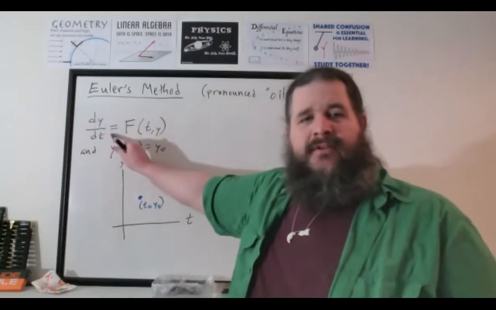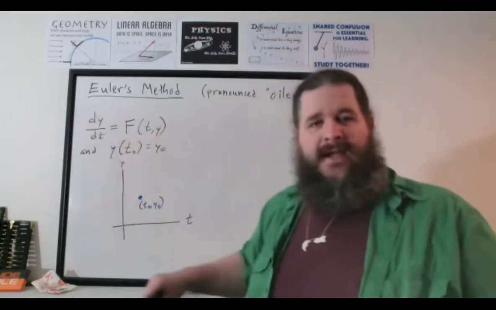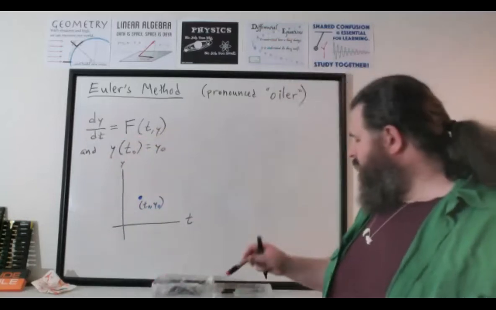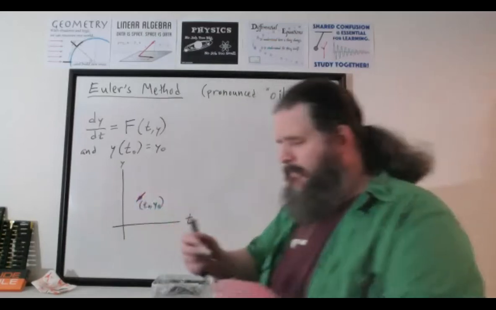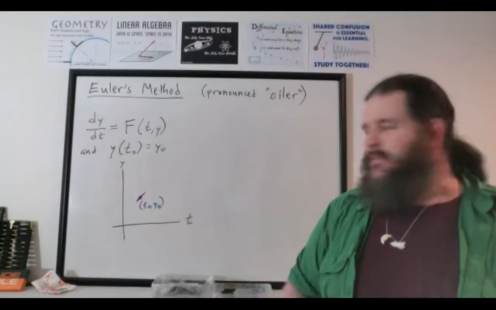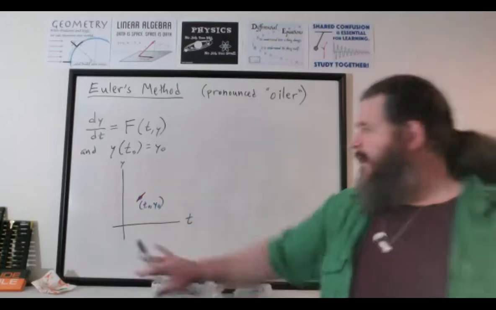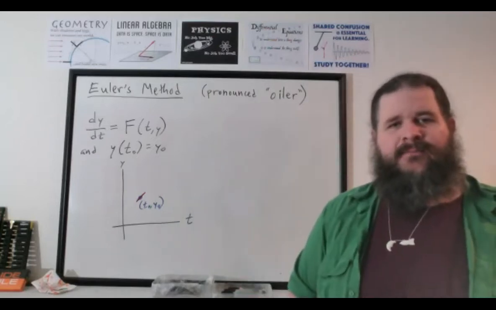The whole point of a differential equation is that it tells you at any t, y coordinates, what the slope is going to be. So let's say you calculate that slope, and you find that it's got some slope at that point. What we're essentially doing here is looking at the direction field, but only at that one point. We don't care about all the rest of the points, just the one point of the initial conditions.